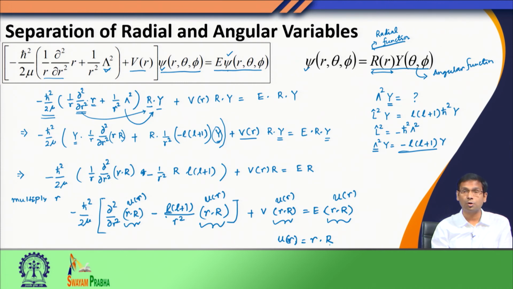So, we still do not know what this function is. We have used that the eigen function is a product of the radial part and angular part, and then we have used the knowledge that we had about the action of Legendrian on the angular function, and then we are left with this equation.